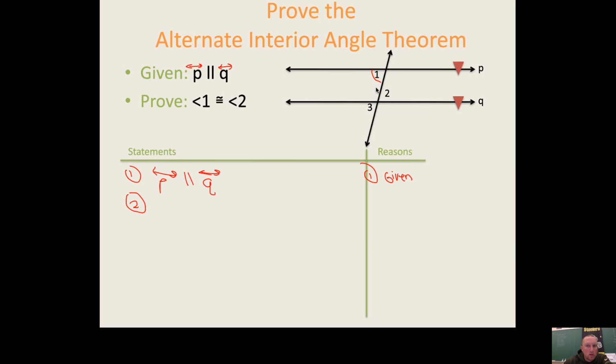I know these angles are congruent to each other because they're corresponding angles. If the lines weren't parallel, I wouldn't be able to say that, but since they are, I can say angle 1 is congruent to angle 3 because of the corresponding angle postulate.